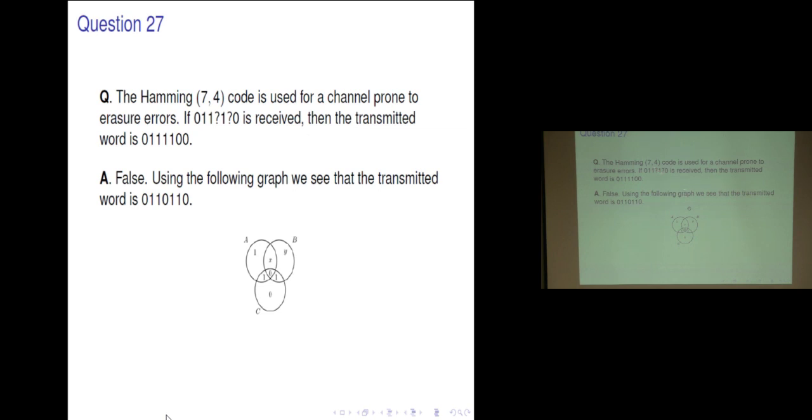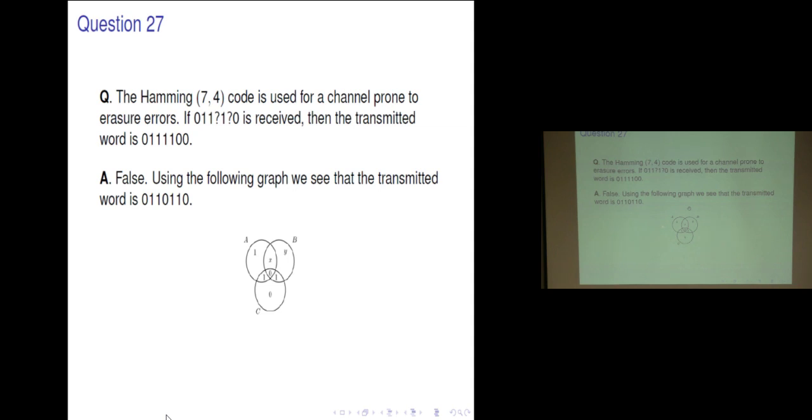But we design Hamming code so that, if we are lucky, we can recover the bits. The claim is if you receive this one with 2 corrupt bits, then you can still decode, you can still recover the original transmitted word. Okay, so let's figure out what are the bits.